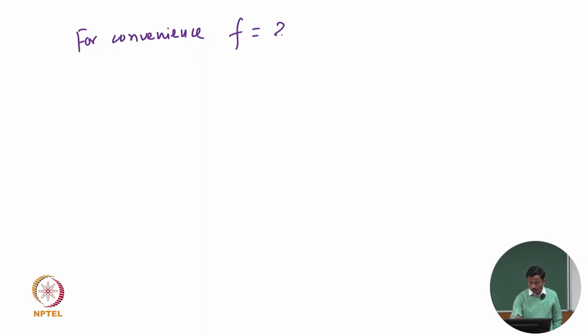So now, for convenience, we define, again similarly to how we had done it previously for a particle moving on a rotating plane, f equals 2 omega sin phi. This is what we define for convenience, and this is called the Coriolis parameter.